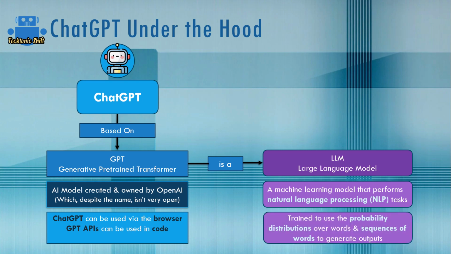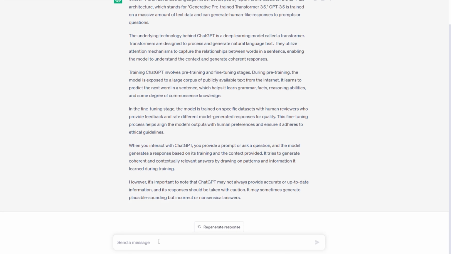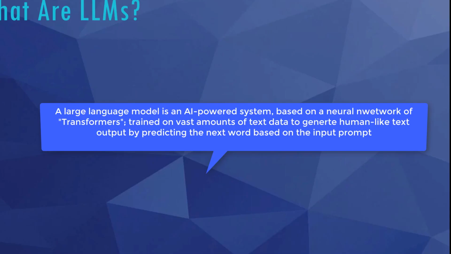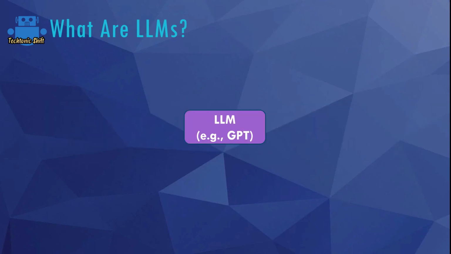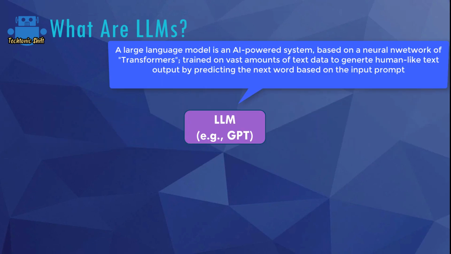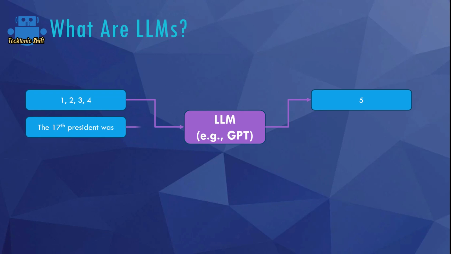Large language models are in the end trained to calculate probabilities to suggest words based on prior words. So, to complete sequences of words. The whole idea behind large language models, which are in the end based on so called neural networks of transformers, and I will get back to that in a second, is to take some text as input, and then produce some output to complete a sequence of words.